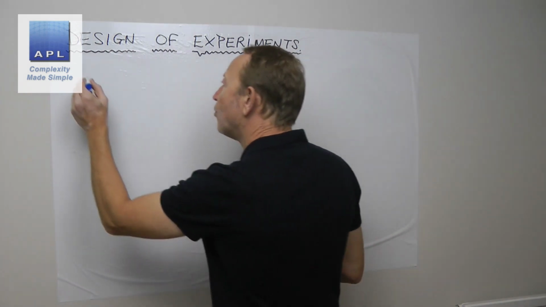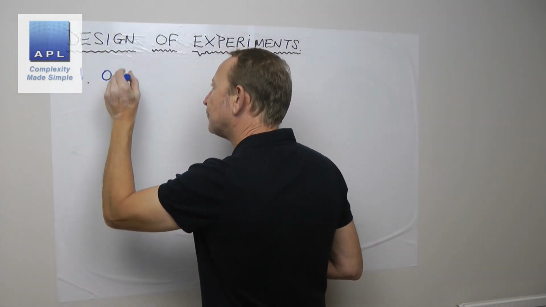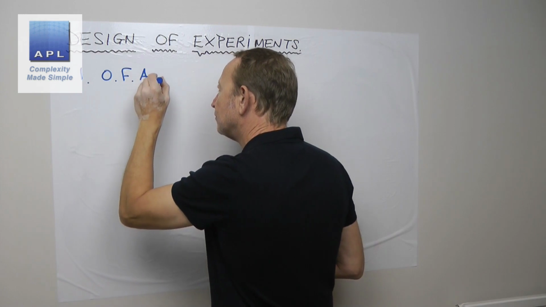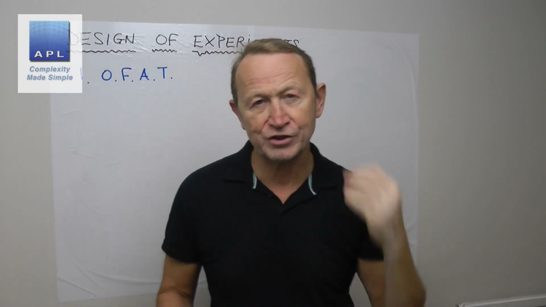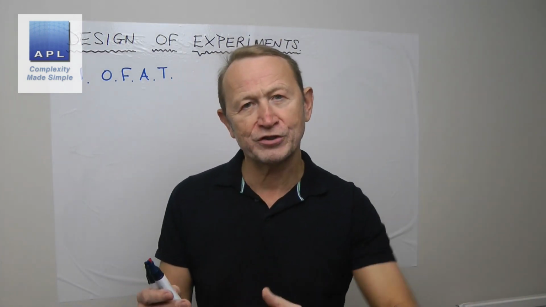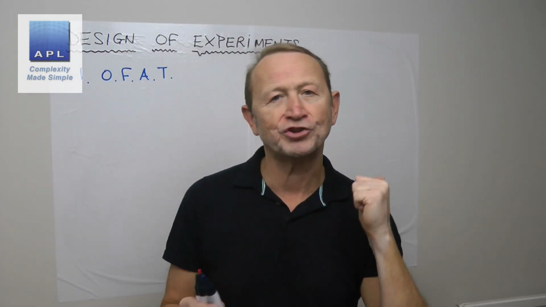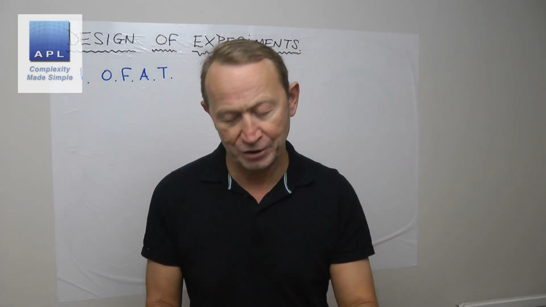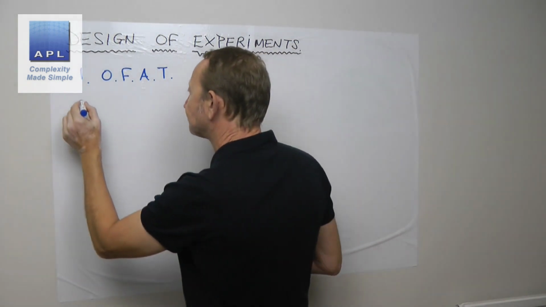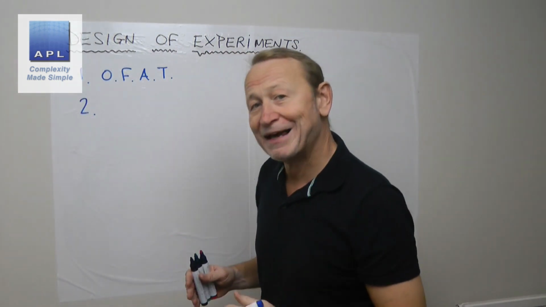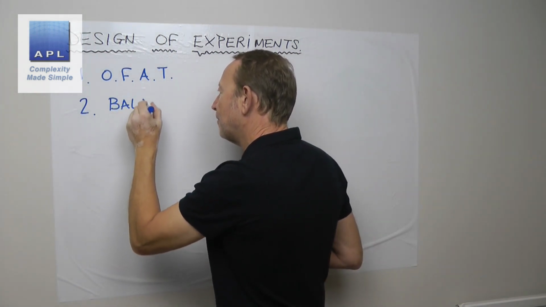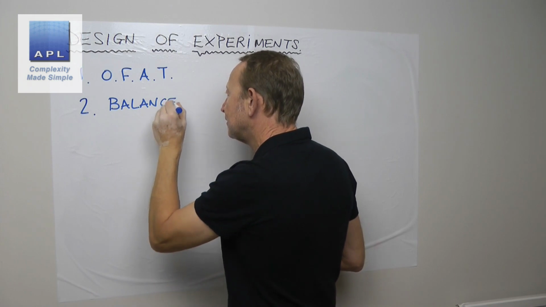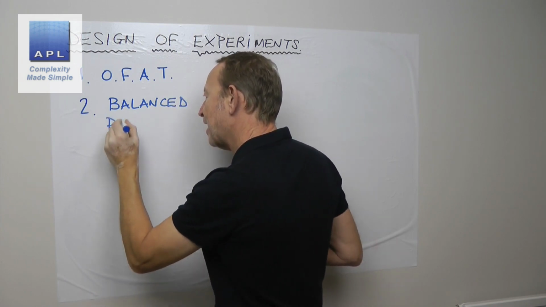So some key points. Number one, we've talked about the limitations of one factor at a time, how one factor at a time gets you less information slower. Number two, of course, the replacement is the idea of a balanced pattern.